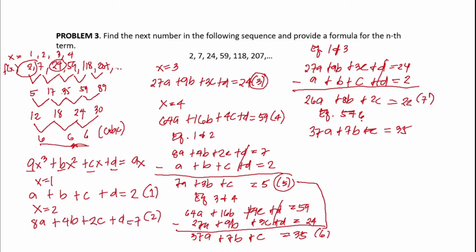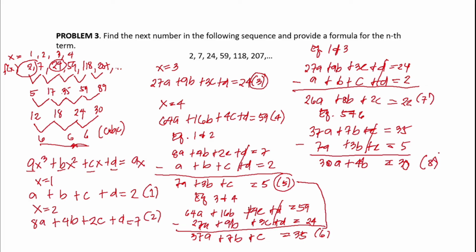And equation number 5, that is 7A plus 3B plus C is equal to 5. So subtract. So we come up with 30A plus 4b is equal to 30. So this is 0. So this is equation number 8.